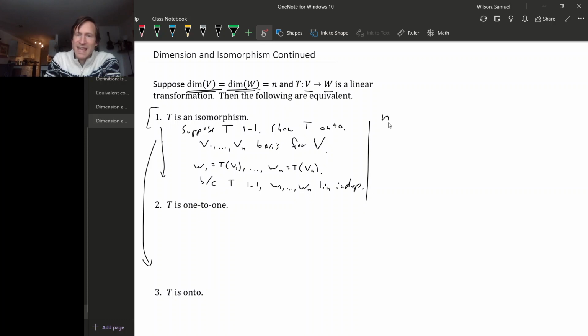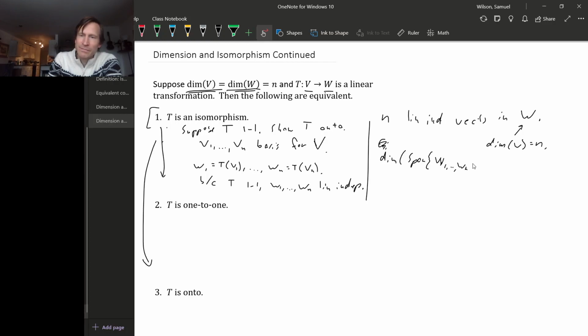So now we have n linearly independent vectors in W. The dimension of W is n, but the dimension of the span of W1 through Wn, because they're linearly independent, that's also n.